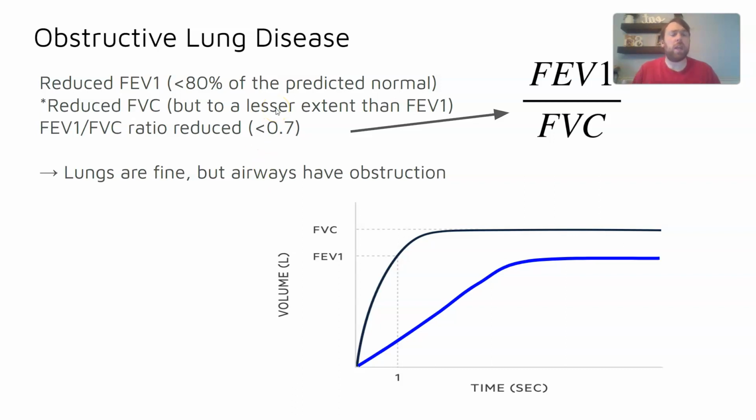And so in order to be able to really determine whether or not someone has an obstructive lung disease, besides just looking at the long amount of time that it takes for someone to get to their forced vital capacity, we would use a ratio. This ratio is called the FEV1 over FVC ratio. And this number that we're looking for is going to be normal if it's about 0.7.